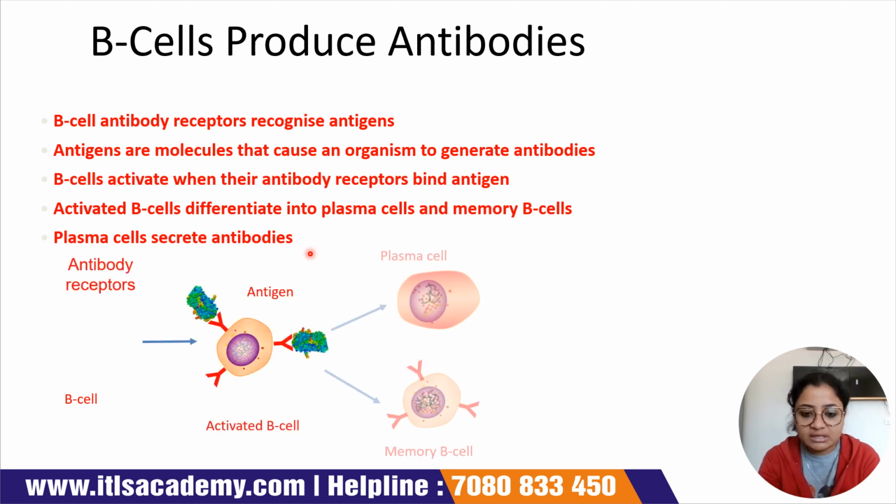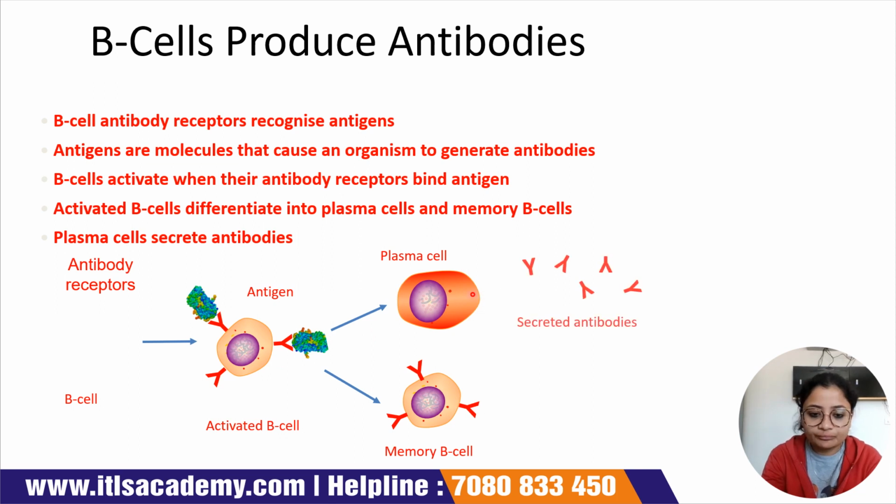So I've just given a nice diagram to explain this. These are the antibody receptors, and this is a typical B cell. This is how the activated B cell will look, with the antigen attached to the receptors on the B cell.